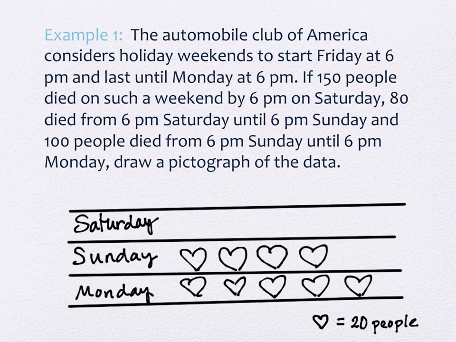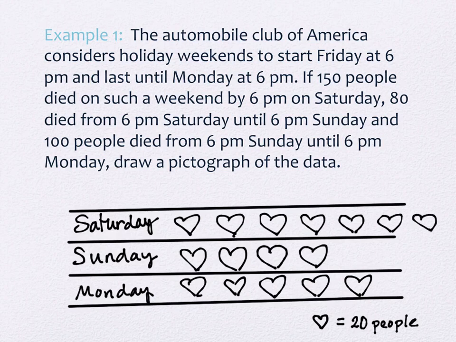The first one is actually 150 people, which does not evenly divide by 20, but the closest value that would be 140. So how many would I get if it were 140? 7 hearts. So we're going to draw 7 whole hearts lined up as well. I'm going to have to draw my lines a little bit longer here in a minute, because actually, let me do it this way.